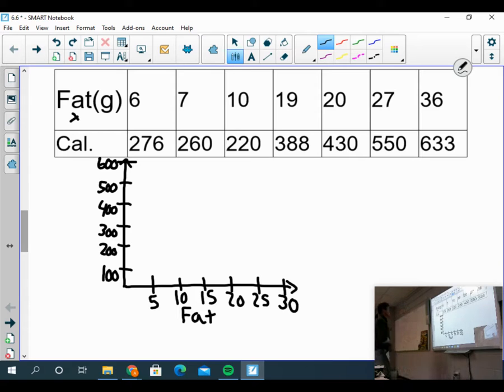Okay? So I messed up with my scale. That's okay. We'll restart. So what we're going to do here, go ahead and plot our points. I start at 6, and I go up to 270.